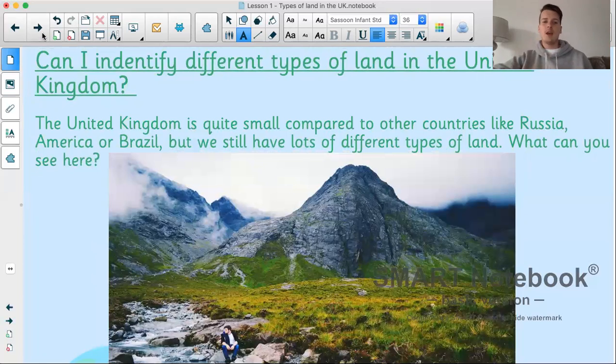What about this picture here? Okay, I bet a lot of you said maybe hill. Yeah, we can see a hill here, but actually this is a mountain.